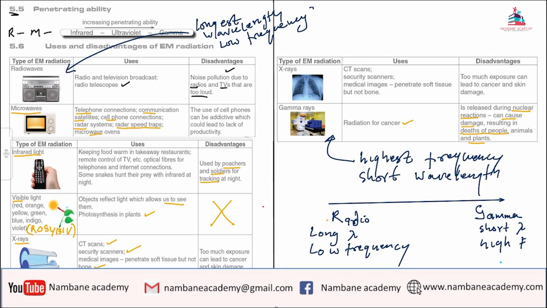So the radio waves will have the longest wavelength but with low frequency. The reason why it is possible for us to work with gamma rays for the purpose of radiation is that they have a higher frequency. Higher frequency, shorter wavelength.